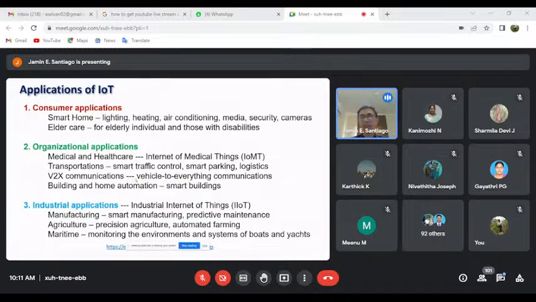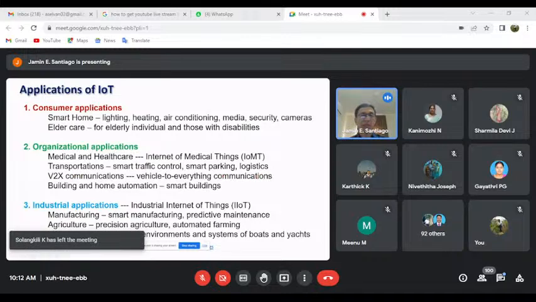It means that your car is talking to another car, it's talking to the traffic lights, it's talking to the road infrastructure, and it's communicating with the pedestrians so that everything will be efficient and we will not cause accidents. So this is especially important for self-driving cars. This is really foundation technology for self-driving cars.